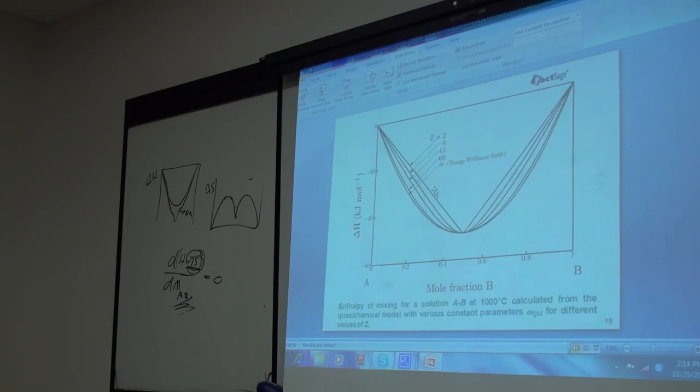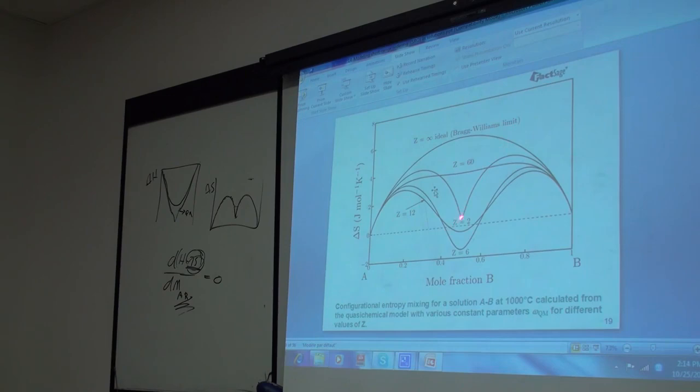So this now is taking the Z's, increasing the Z's has the same effect on the enthalpy. It rounds it out, and it also rounds out the entropy, but what it does is it also at first bring it a little bit negative. So this was Z equals 2, then as you go to higher Z, Z is 6, it's more rounded, but it also unfortunately has gone somewhat negative.